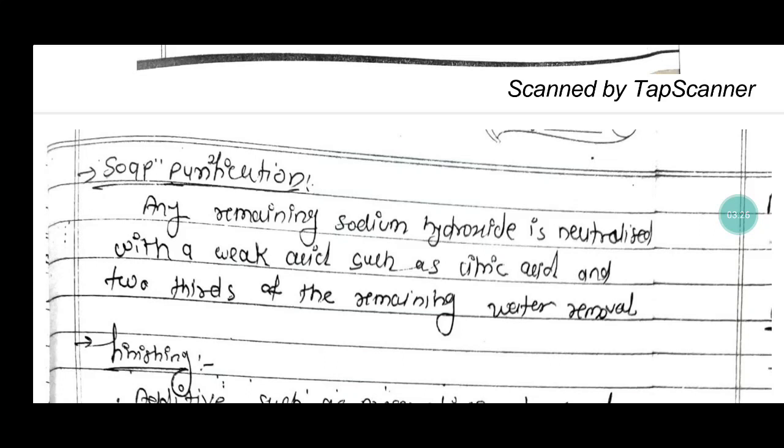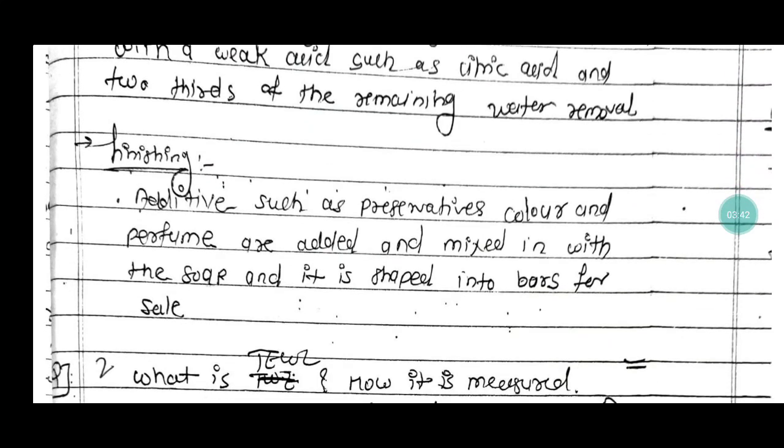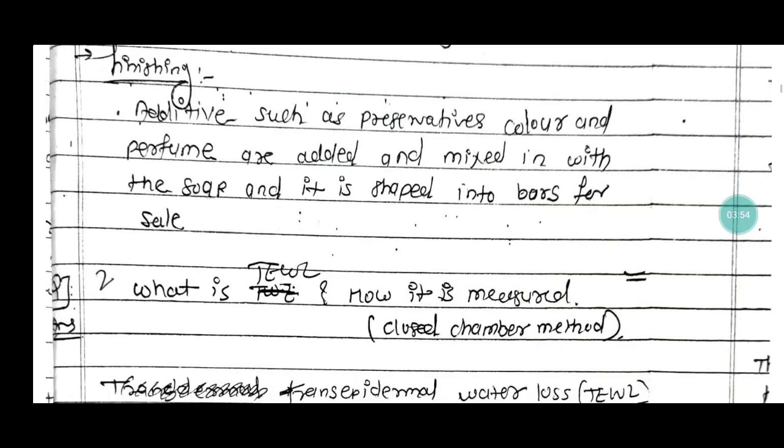Next is soap purification. Any remaining sodium hydroxide is neutralized with a weak acid such as citric acid, and the remaining water is removed. Lastly, finishing: additives such as preservatives, colors and perfumes are added and mixed in with the soap, and it is shaped into bars for sale.